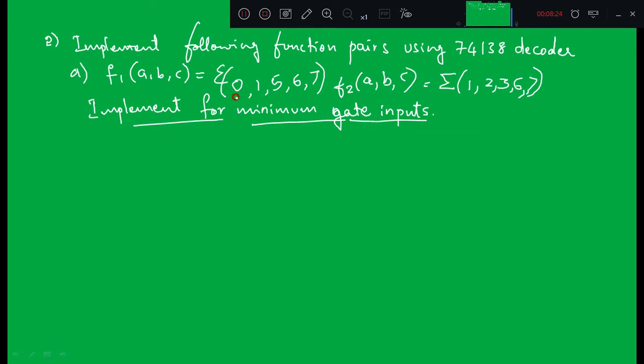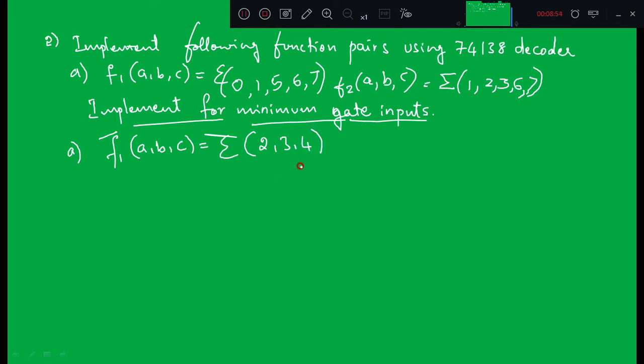So if I connect these outputs directly to the gate, we will get 5 inputs, right? So I can also write this as what? Can I write the first function as f1 bar of ABC is equal to the summation of 2 3 4, one and the same, right?